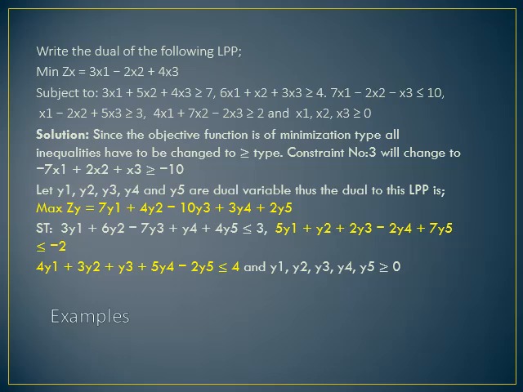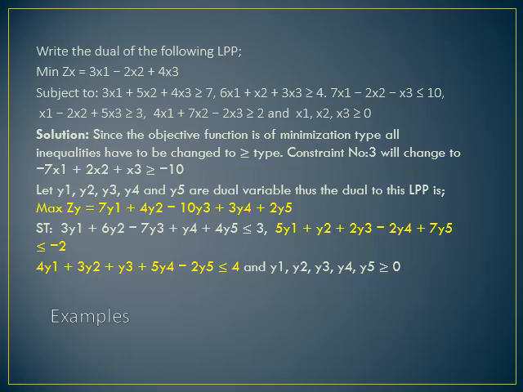Once the primal problem has 5 constraints, respectively 5 constants, then the number of variables of the dual must be 5. And the number of constraints in the dual must be 3, because the variables in the primal are 3.